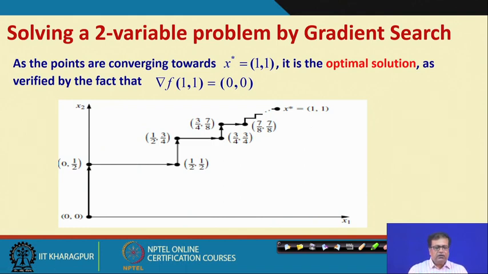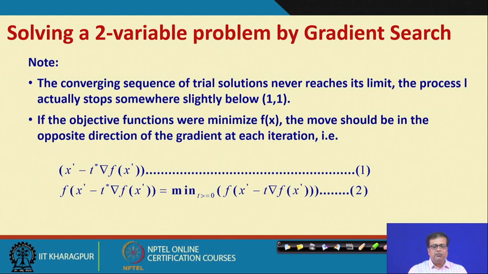Really, we may not be able to get to the optimal point. The note is that the converging sequence of trial solutions never reaches its limit, the process actually stops somewhere slightly below (1, 1). If the objective function were minimize f(x), the move should be in the opposite direction of the gradient at each iteration.